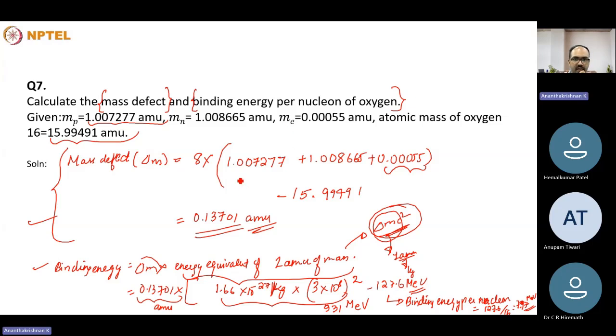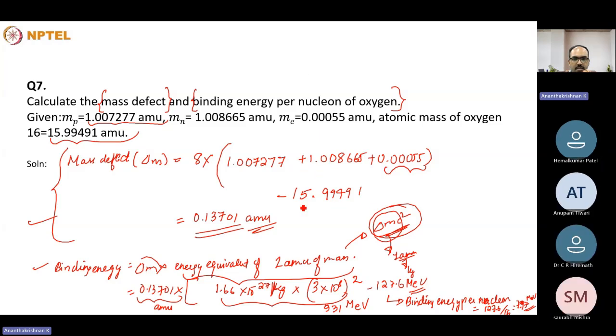Here there will be 8 protons, 8 electrons, and 8 neutrons. That will be the initial mass, and then we subtract the atomic mass given in AMU, and we get the mass defect. We multiply the mass defect by the energy equivalent of 1 AMU to get the binding energy.